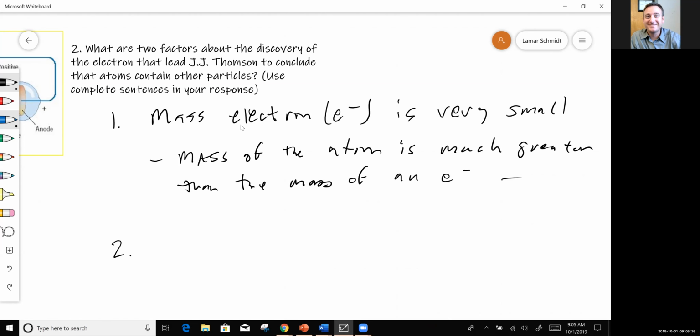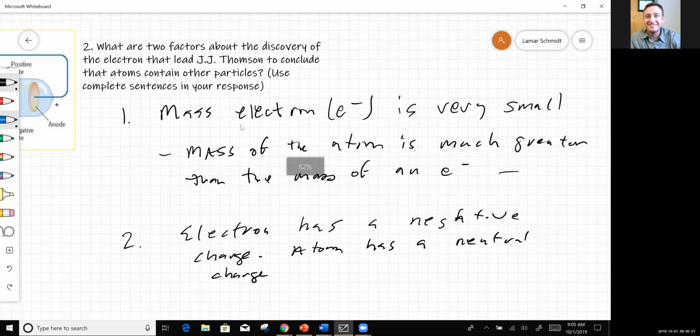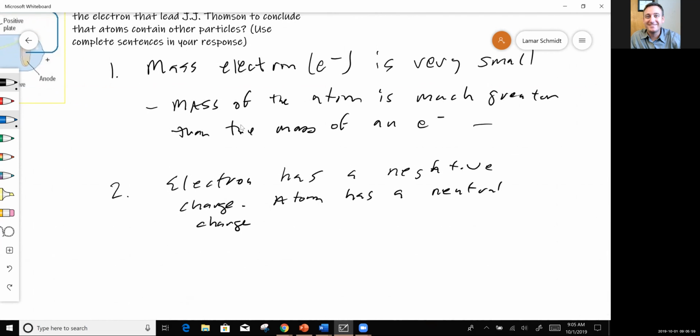Number 2 was that the electron has a negative charge. So why is that important? Well, he also knew that the atom has a neutral charge, meaning it has no charge. So you can't have something that is negative without having something that is also positive.